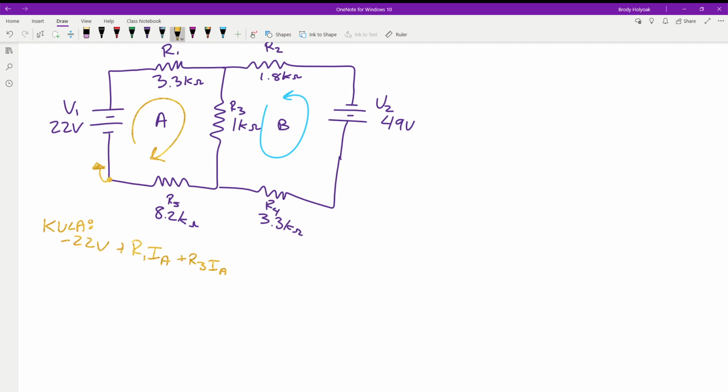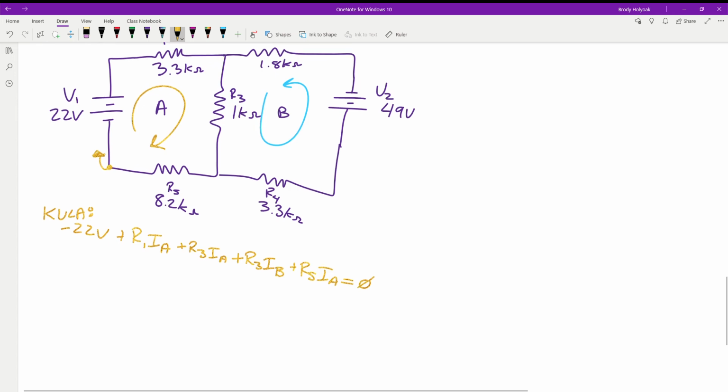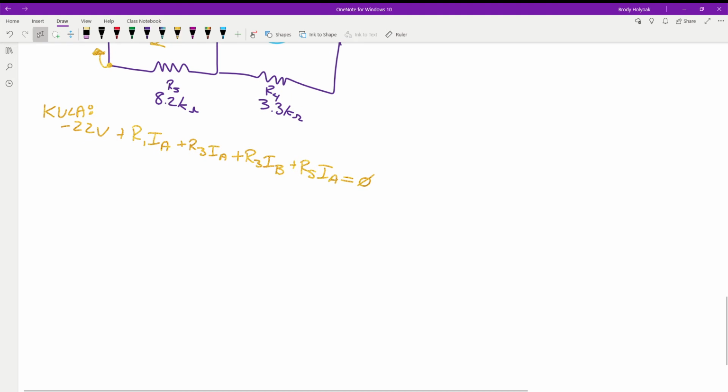So we're going to add that current in our calculations. So plus R3 IB. We come down. We now have R5 times IA equals 0. So again, we're just following the same steps, even though we have more components we're going through.